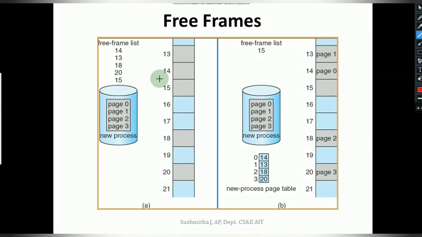Now I am allocating these pages to the free frames that are available. Whenever a process requests memory, a free frame is allocated from the free frame list, and it is also inserted into the page table.